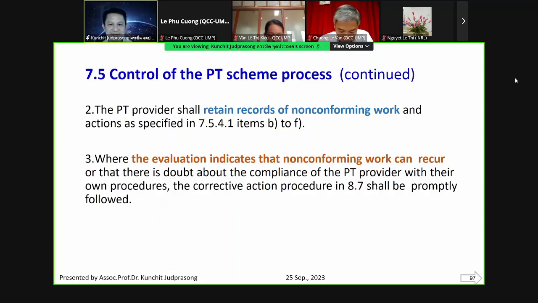Where the evaluation indicates that NC can recur, or that there is doubt about the compliance of the PT provider with their own procedure, corrective action shall be promptly followed. So this is if they have something, say the calibration date was August 2023.